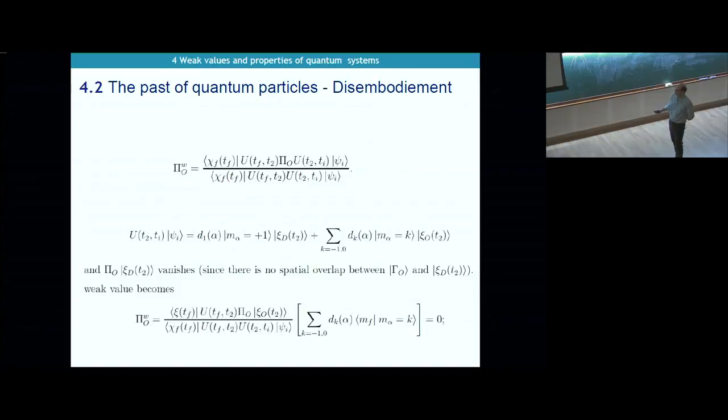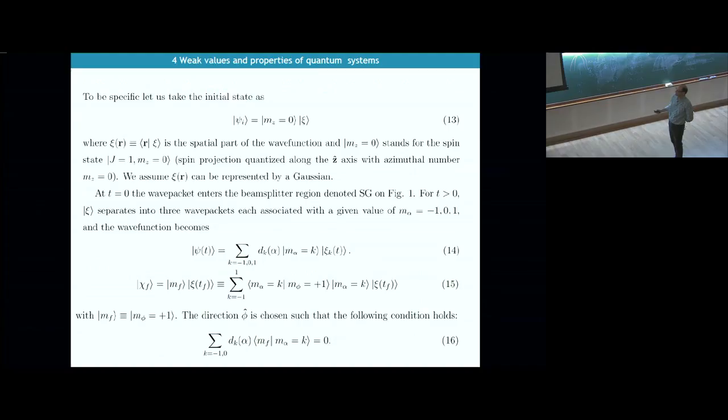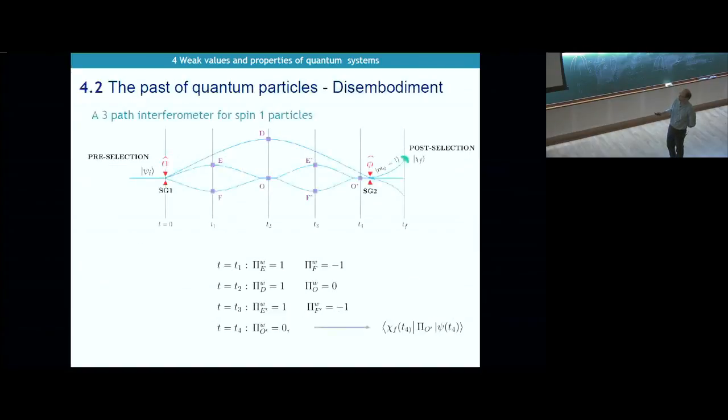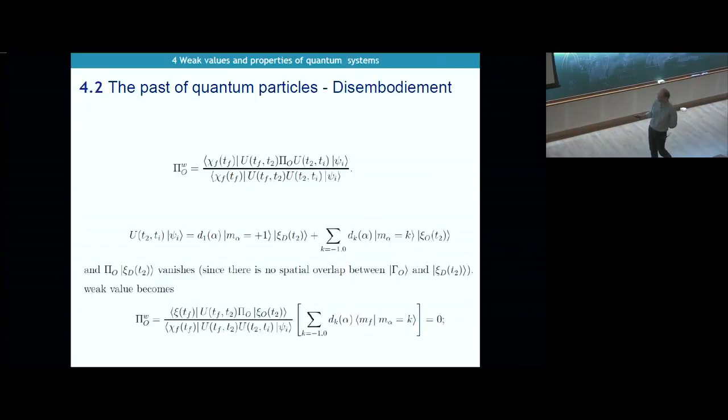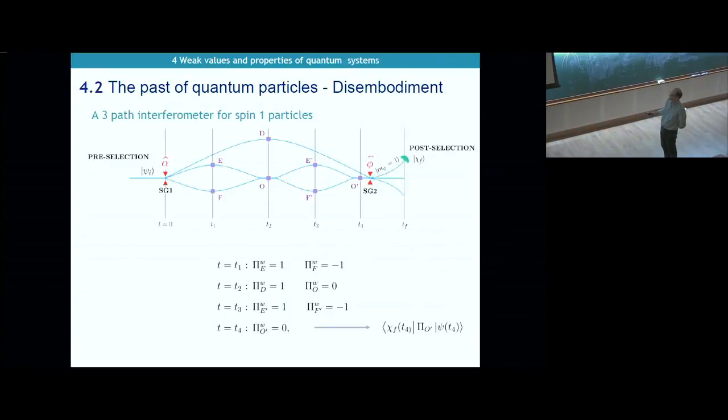So I got this part here, and then I sum over the two paths, because here I am summing the wave packets coming from the k equals 0 and k equals minus 1 paths. And once I do this, then of course projecting at O the wave packet at D gives 0, because there's no spatial overlap between what I see here and here.